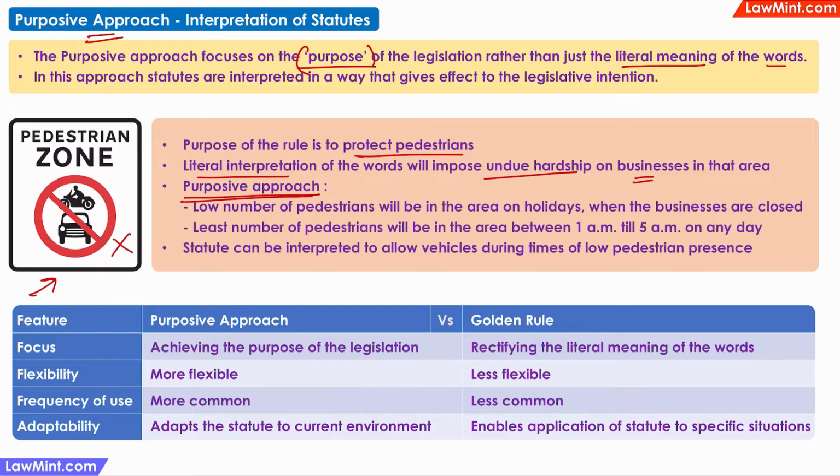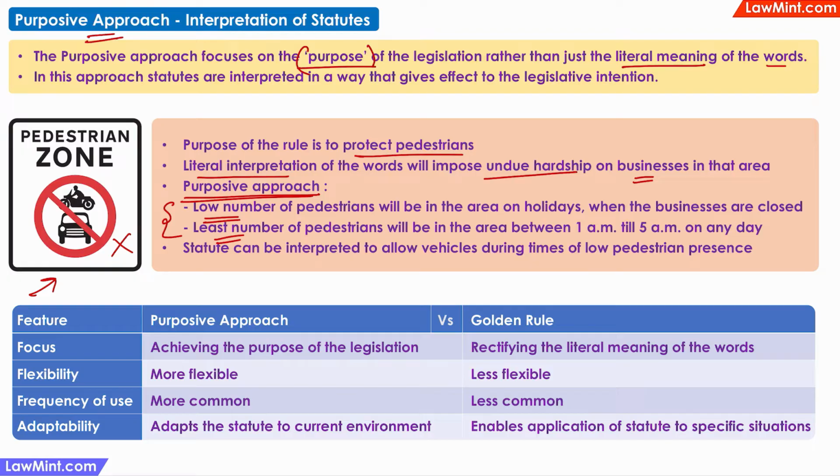Using the purposive approach, the court can interpret this rule in such a way that the purpose of the rule, that is, to protect pedestrians, is achieved, and at the same time, injustice is not caused to any businesses in the pedestrian zone. The court can interpret the rule such that vehicles which have a specific reason to be in that zone are allowed, but only during such times when the number of pedestrians is very low, such as late in the night or early in the morning.